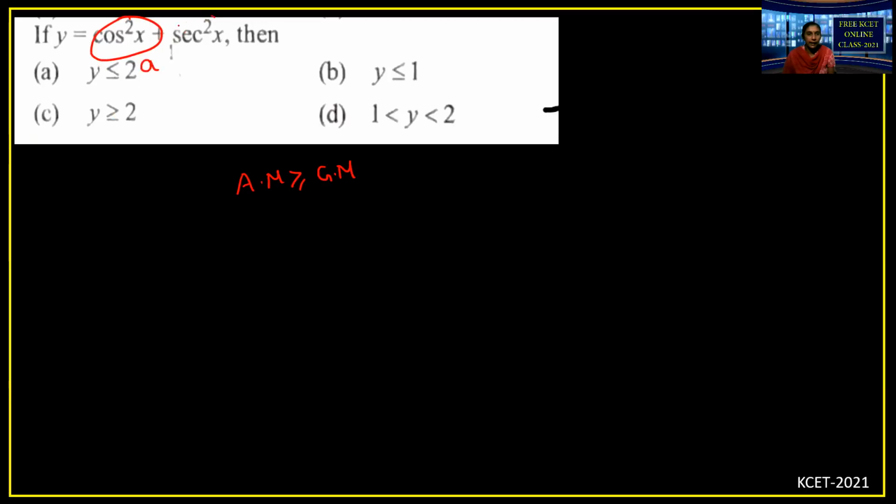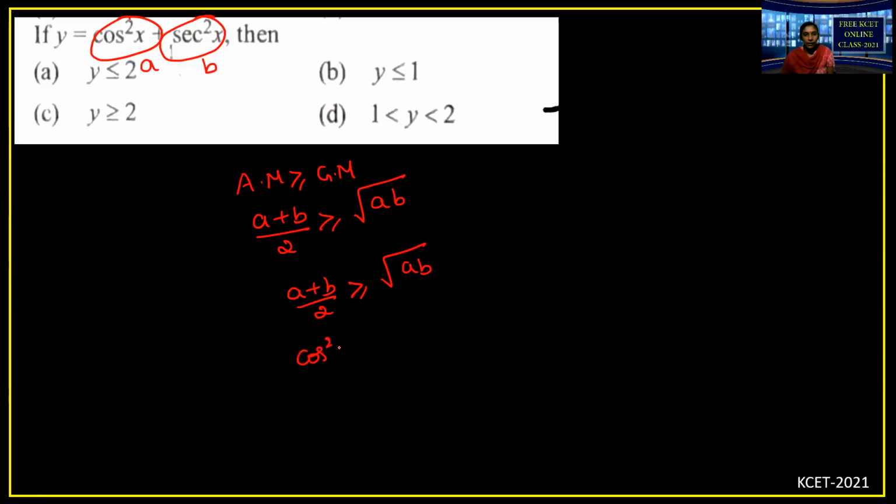Let us consider this as A and this as B. So arithmetic mean greater than or is equal to geometric mean formula: A plus B divided by 2 is greater than or is equal to square root of A into B. Now substitute the value of A. A is cos square x plus secant square x divided by 2 is greater than or is equal to square root of A into B, that is cos square x into secant square x.